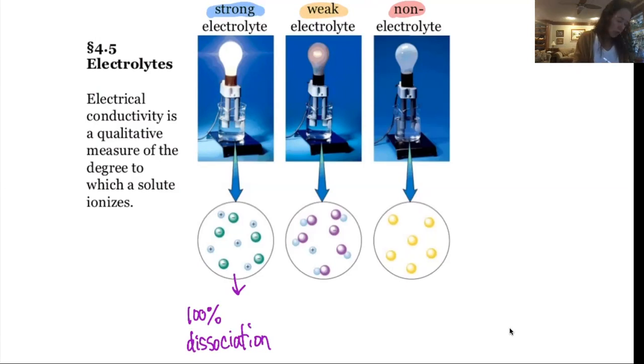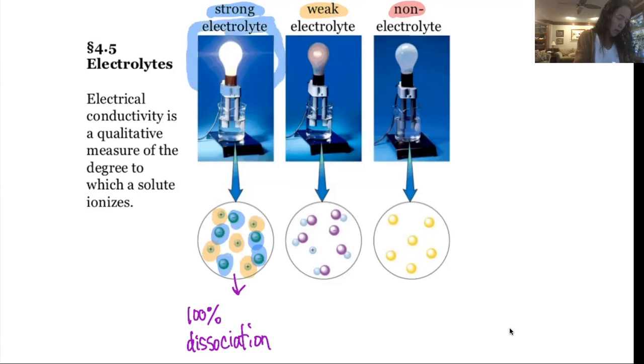If we have 100% dissociation, then all of our solid has turned into ions, and the more ions, the better this solution can conduct the current. Everything here is ionized, so we have more ions and a better current being conducted.